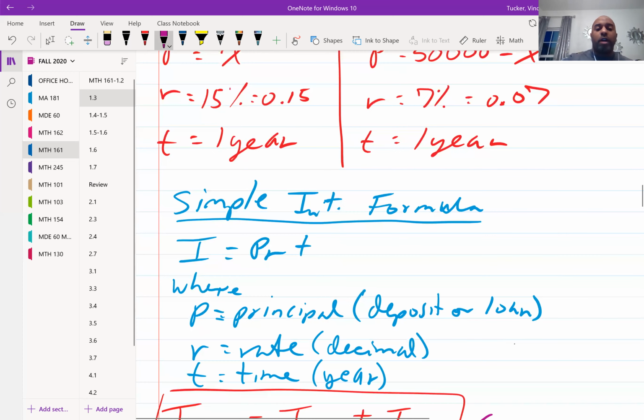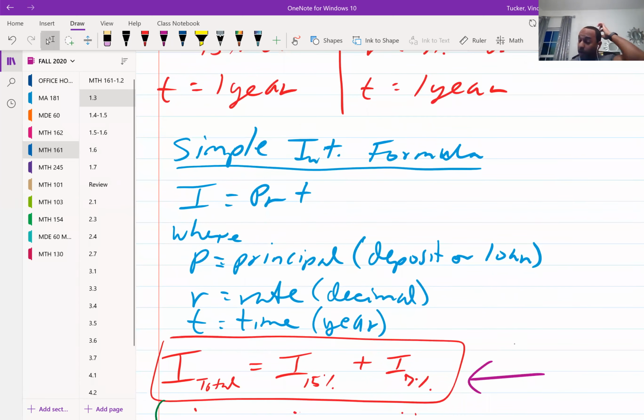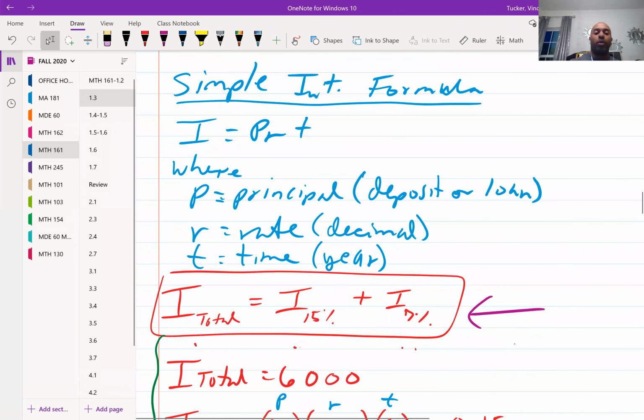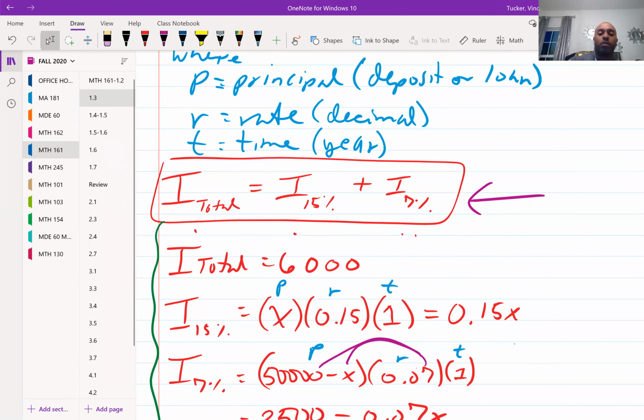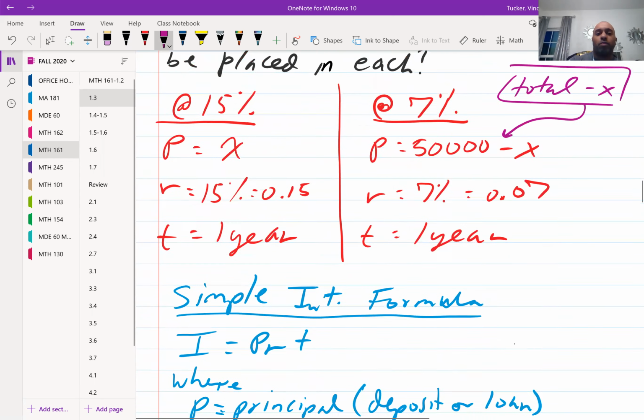All right, so now the way we will set up our equation is what we have down bottom in that red box: the interest total, and then the amount of interest earned from the 15% account plus the amount of interest earned from the 7% account. So we know the interest total that we need is $6,000. And then to calculate the interest earned in both accounts, we have to multiply the P, R, and the T that we established right here.